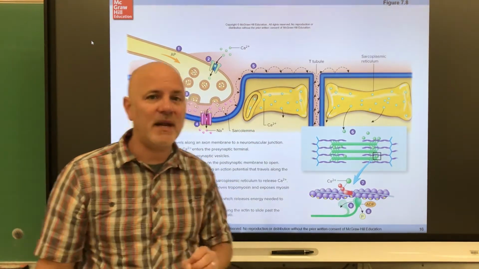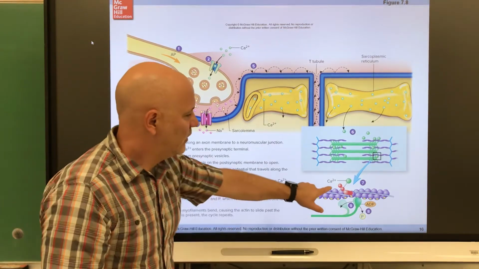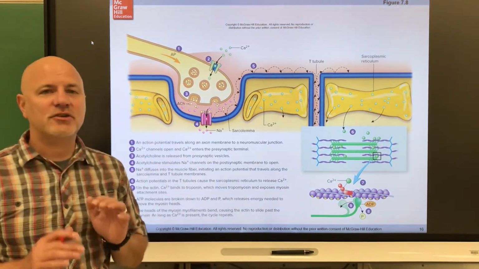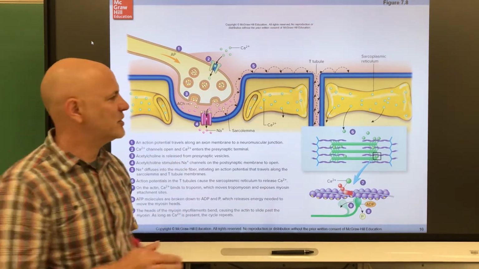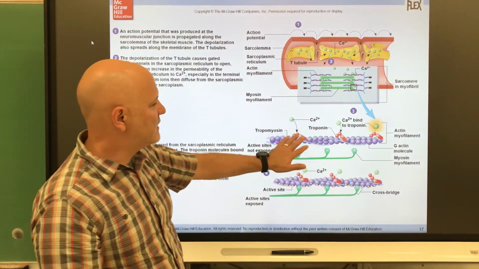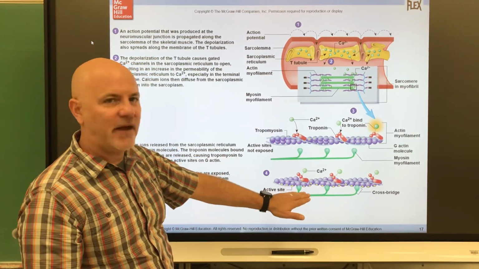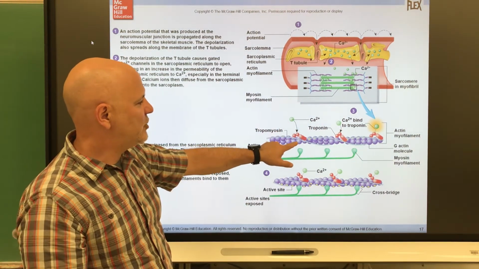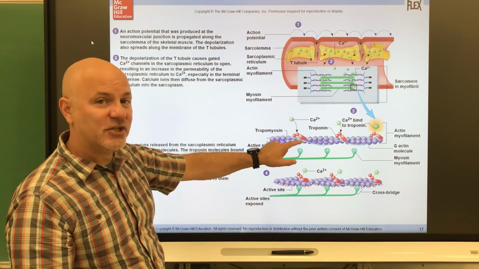So what's going to happen next here is, we can see here, calcium binds to troponin, and that's going to change the troponin-tropomyosin complex shape. If we look at this picture here, this is before the calcium binds, this is after the calcium binds. So calcium binds to troponin, and that changes the troponin-tropomyosin complex shape.